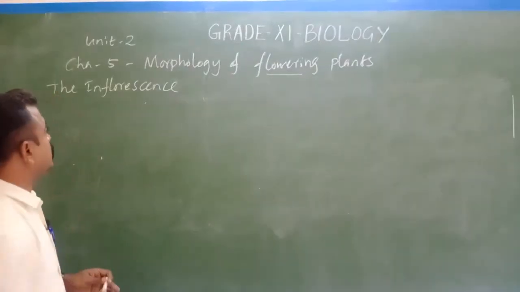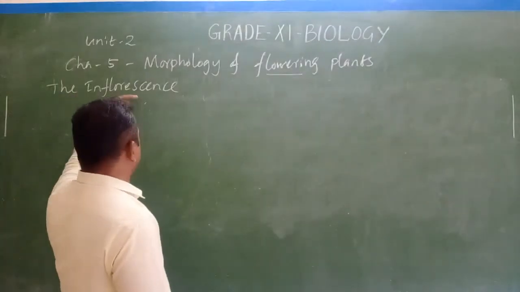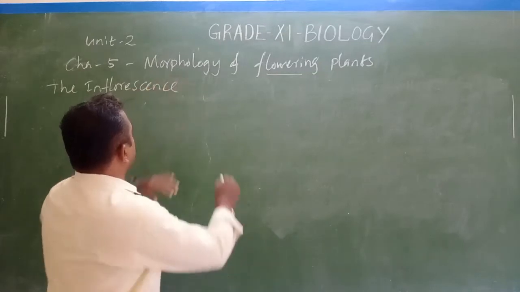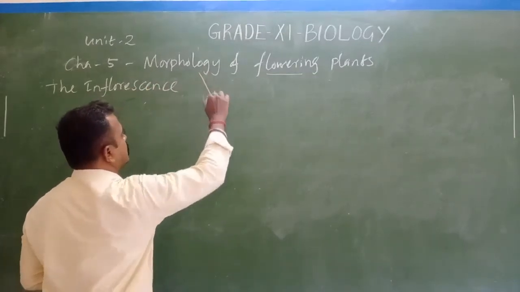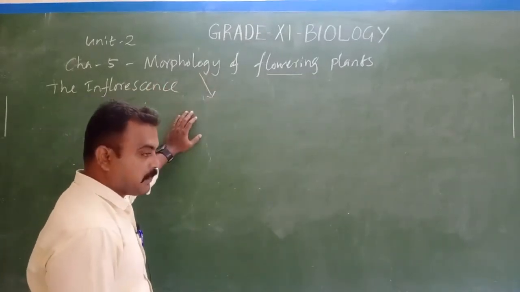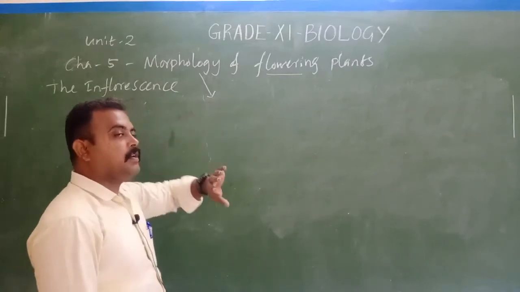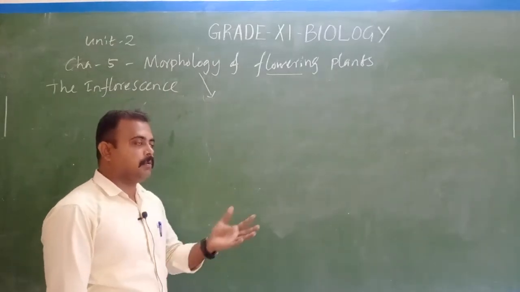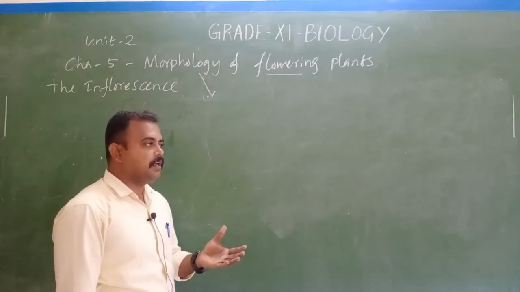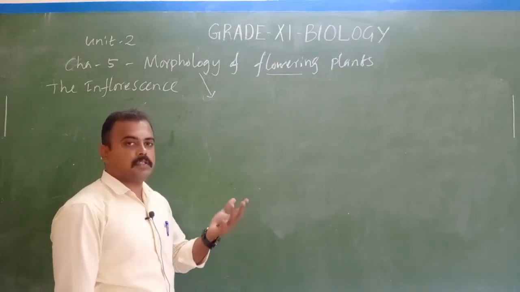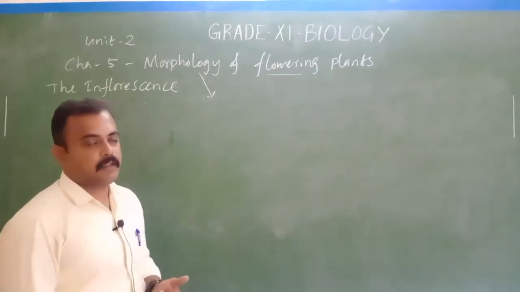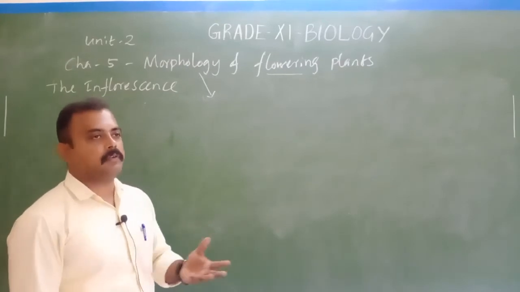Before entering into the inflorescence, we are going to see about morphology. So what is morphology? When we talked about human physiology, I told you what is meant by physiology and what is meant by morphology. Here I want to recall morphology.